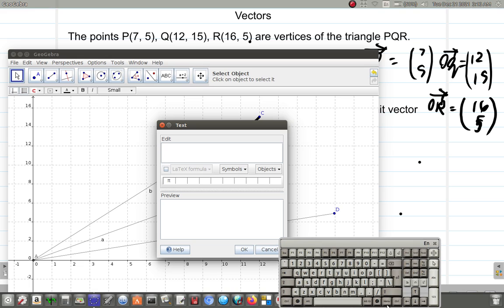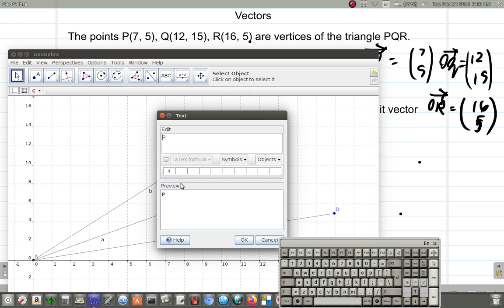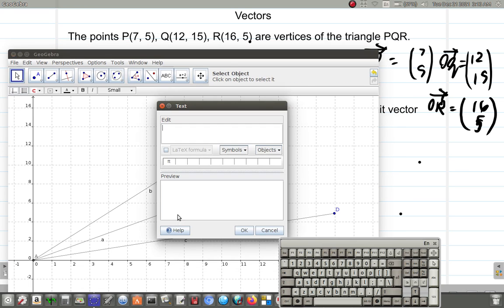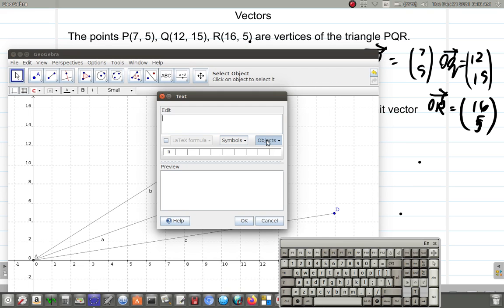This is my letter P. I don't see anything here that allows me to adjust the size of the letter P at all.